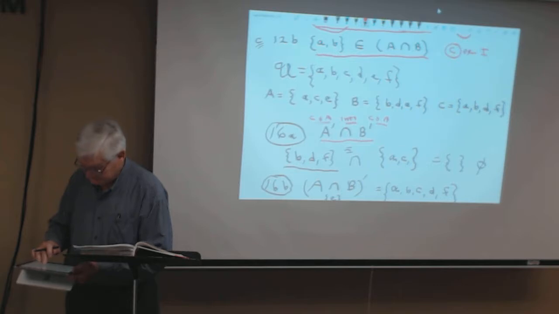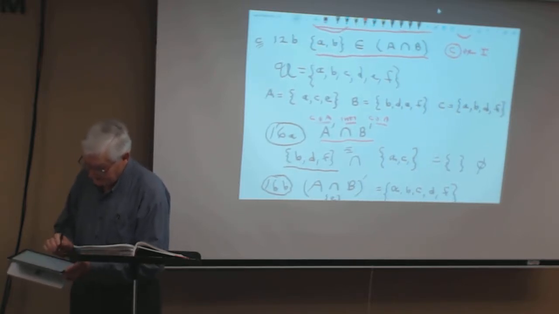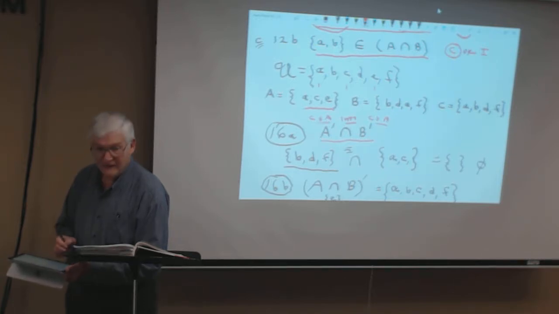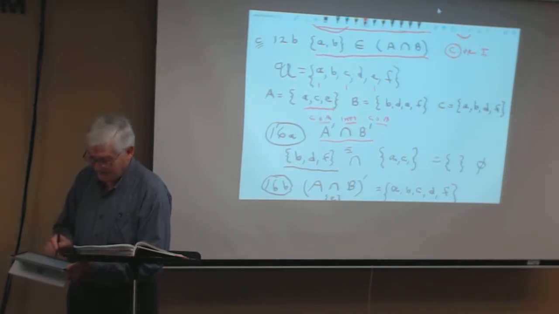For example, for 16A, A is the set ACE. So what's in the universe that's not A, not C, or not E? What's left when I take out A, C, E in the universe? B, D, and F. Everybody follow that?